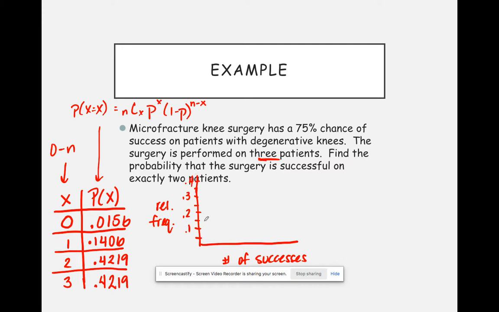I'm out of space here. And then I put those bars in. So I would have my 0, 1, up to 3 successes. For 0, I've got a very short bar here, and you can kind of estimate if needed. And then I'm up to about 15%, and then up to that roughly 42% here for those last couple.